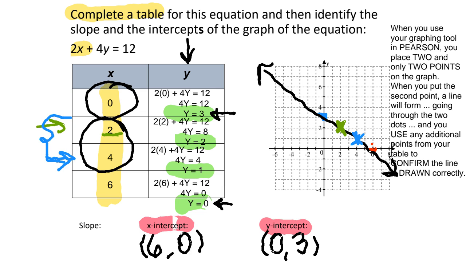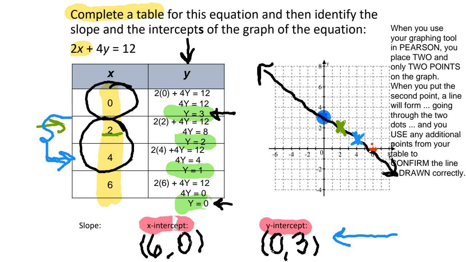It's just the way it works. But how do you know you've drawn the line correctly? Well, we're using these 2 points. That was my blue point right here, and that was my red point right here. The intercepts are 2 points that make a line.